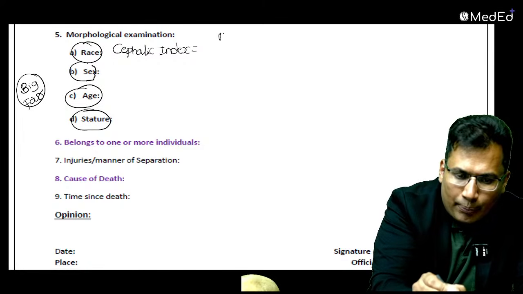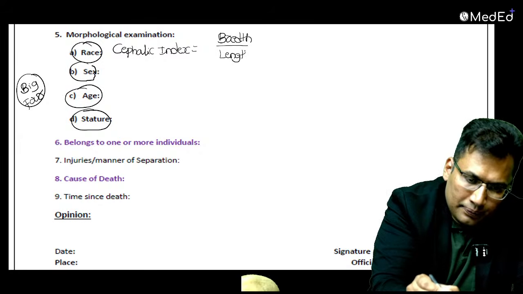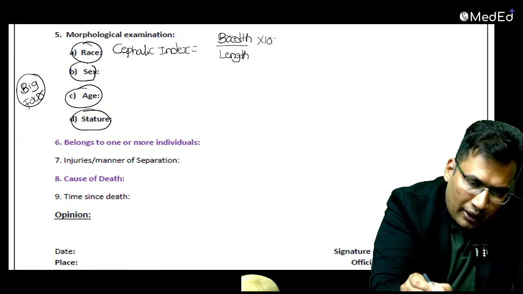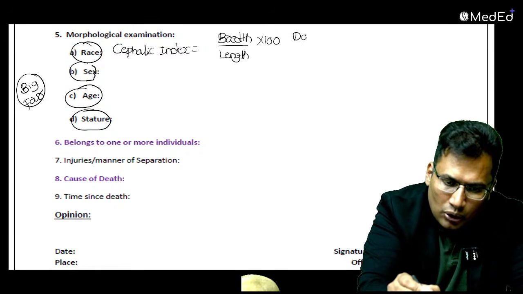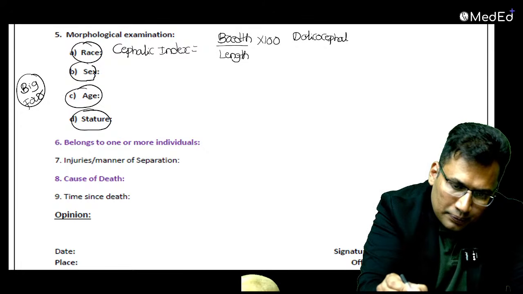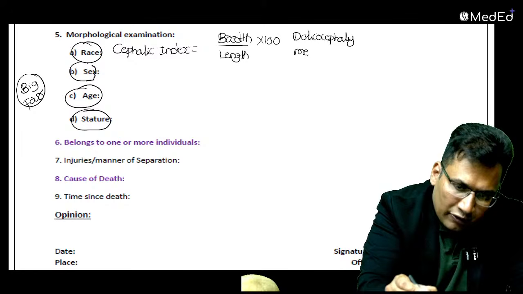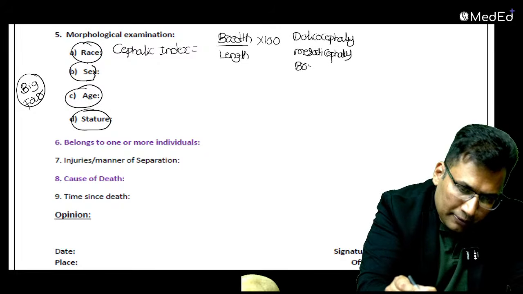Cephalic index means maximum breadth of the skull over maximum length of the skull, multiplied by 100. Based on that, it is classified into dolichocephaly, mesaticephaly, brachycephaly.